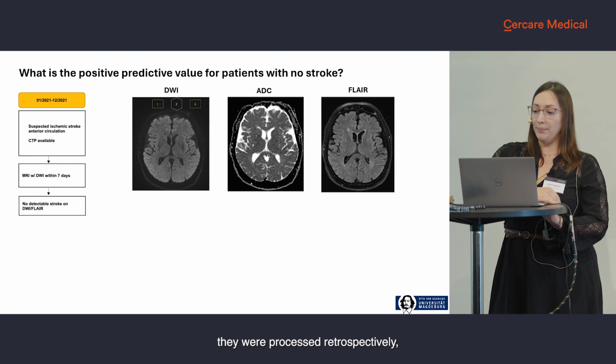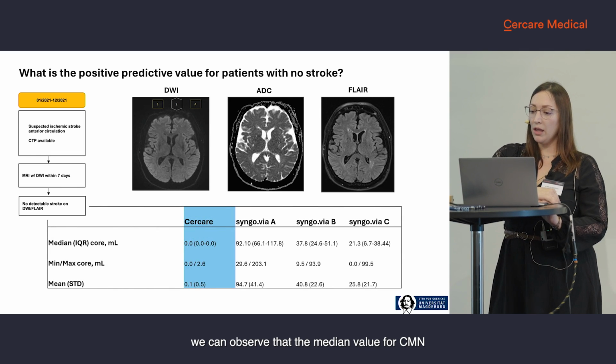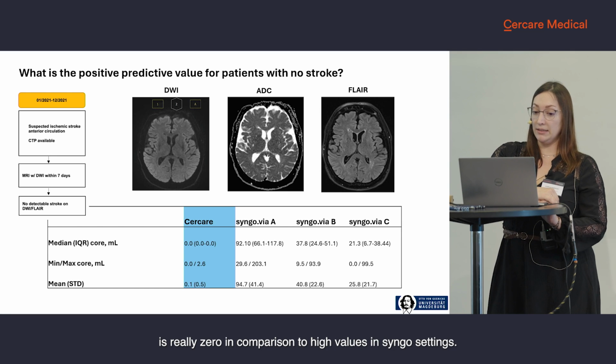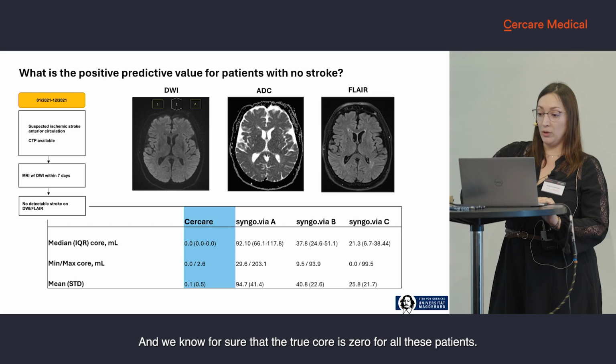retrospectively. We can observe that the median value for CMN is really 0 in comparison to high values in SINGO settings. And we know for sure that the true core is 0 for all these patients.